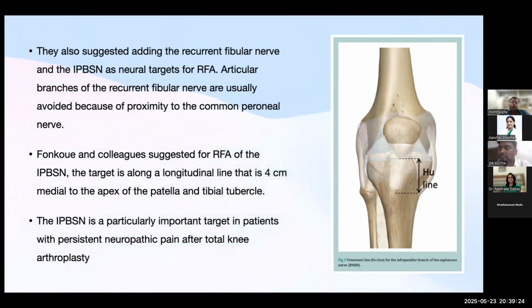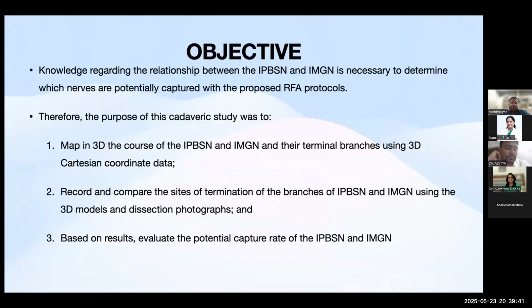A vertical line was drawn, and they said that the infrapatellar branch of the saphenous nerve will lie in this area. The infrapatellar branch is particularly an important target in patients with persistent neuropathic pain after total knee arthroplasty.